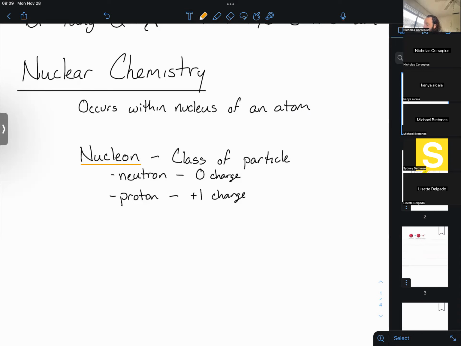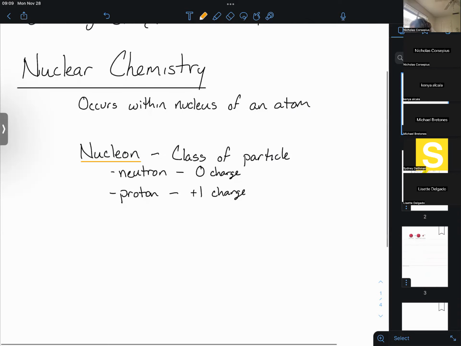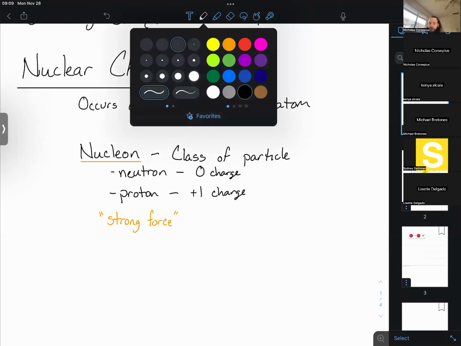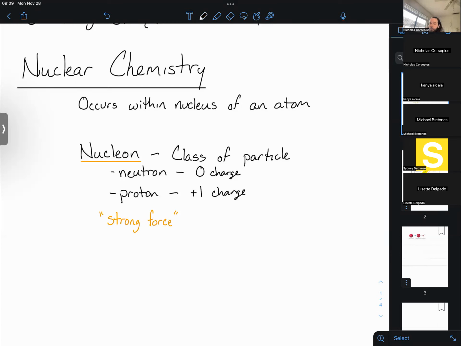So nucleons have this very special interaction that goes beyond charge-charge interaction, something that physicists have called the strong force. I know they got super creative with that one, huh? But this is just a special name for this attractive force that occurs between nucleons.